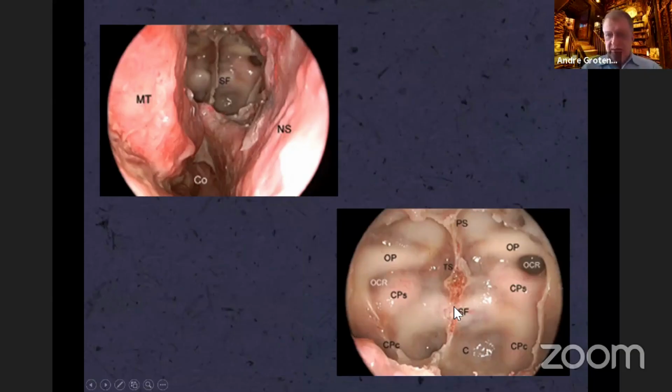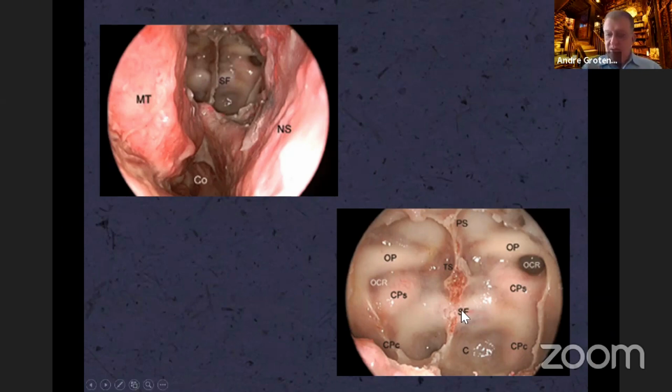And in that sphenoid sinus, you see the posterior wall and you have lateral walls. And typically what we see are all these different protuberances in the posterior wall. And the good thing is that they guide us to where we have to go.